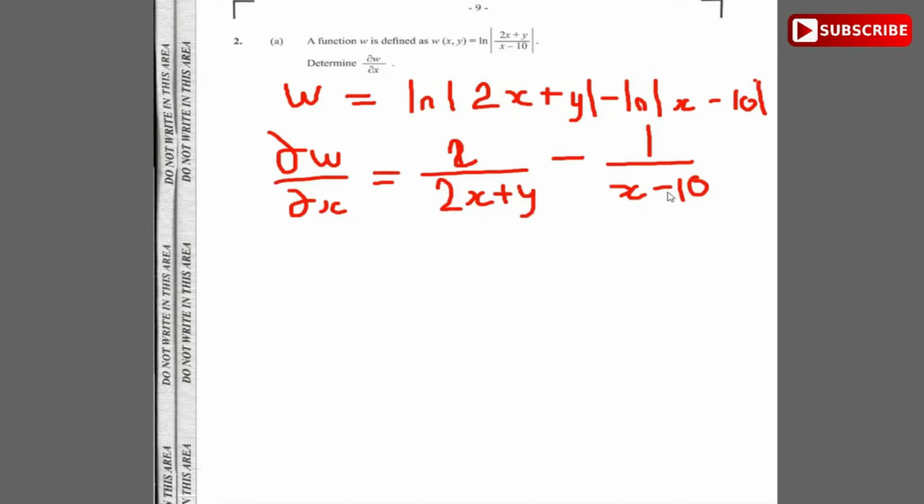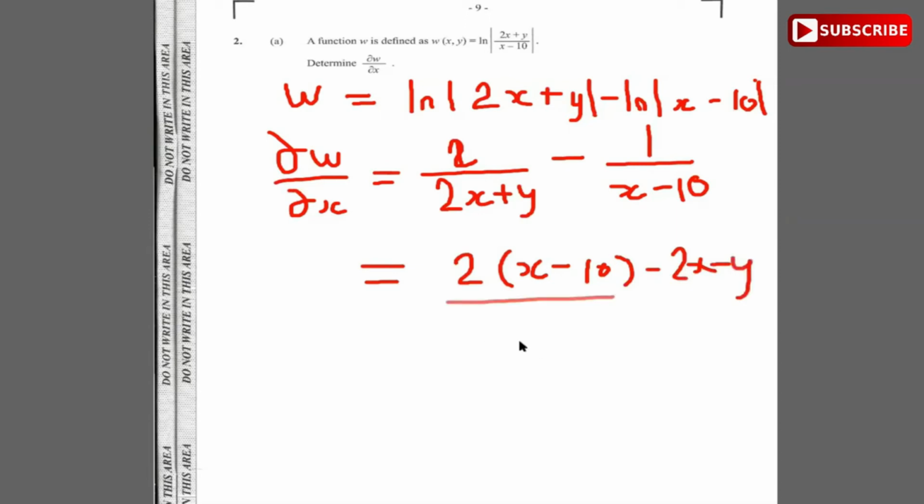Now, if you wanted to put it as one fraction, you could. Maybe you prefer to see it as one fraction. So you could write it as 2 times (x minus 10) minus (2x plus y), over (2x plus y) times (x minus 10).